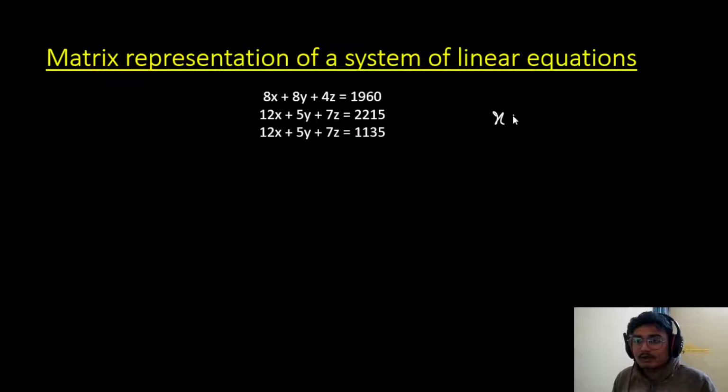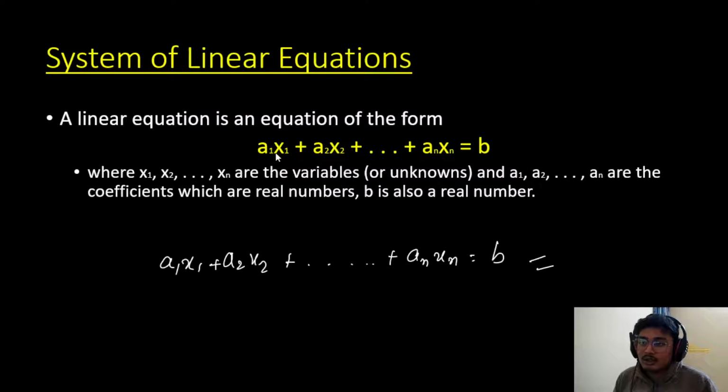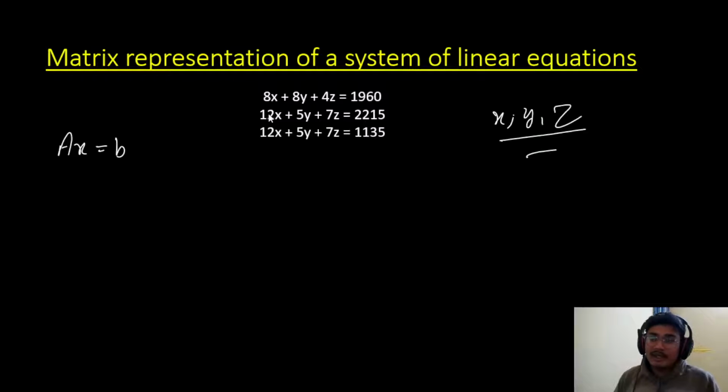So we will represent this system of linear equations in matrix form. We can see that this system of linear equations is in the form AX = B. We have seen that the equation is nothing but a1 x1 + a2 x2 = b, so this is in terms of AX = B.